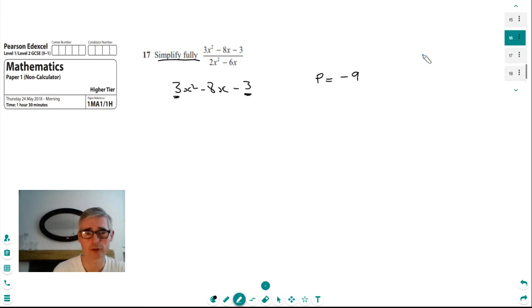And we're looking for a sum, which is the middle term, which we could call the B term, middle coefficient. So we're looking for a sum of negative 8.